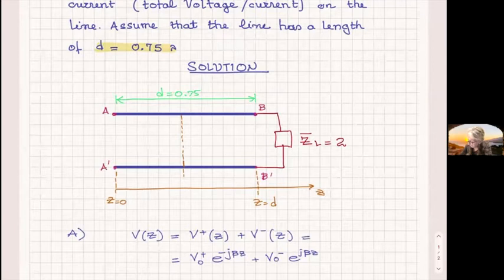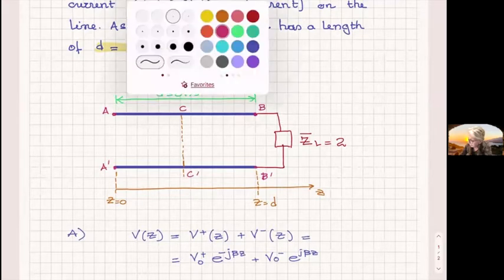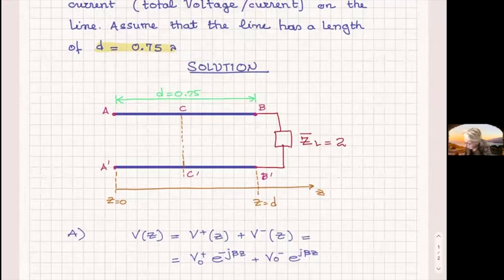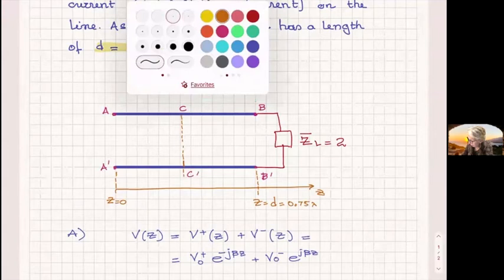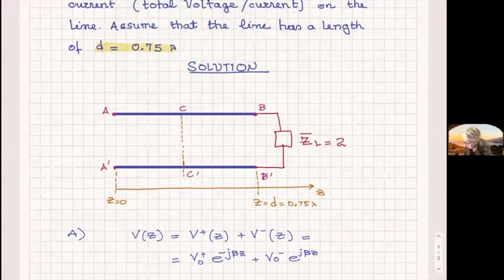And then if I am at that point, C prime, then I know that I can erase this part here to make space and put 0.75 down there. And if I am at CC prime, this is going to be Z. And this is Z prime.